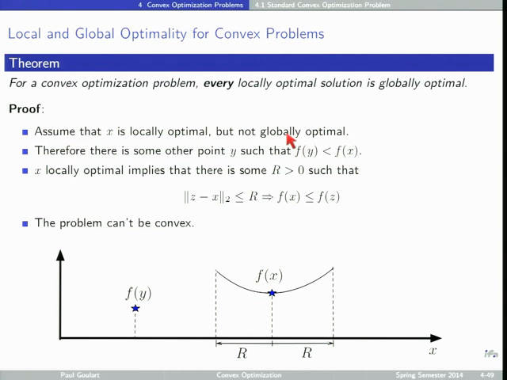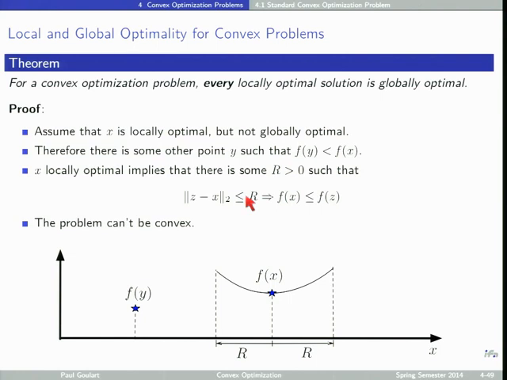So because it's not globally optimal, there must be somewhere that's better. So let's call that point y. And y must have a value better than x, otherwise x would be globally optimal. Then I say, well, x is locally optimal if it's at least better than all the points near it, which means that f(x) is less than or equal to f(z) if I don't go too far from x.